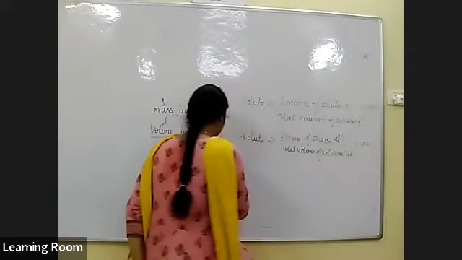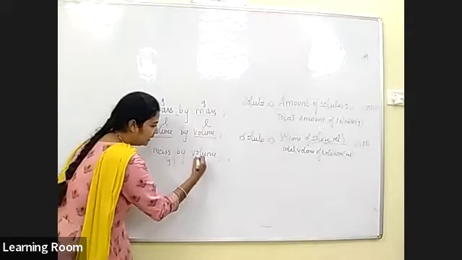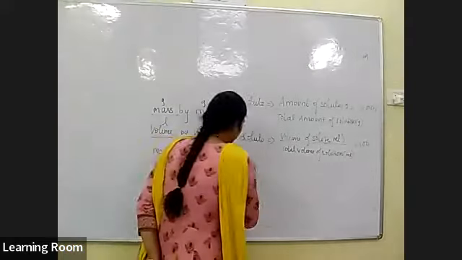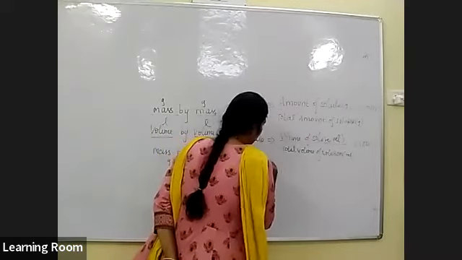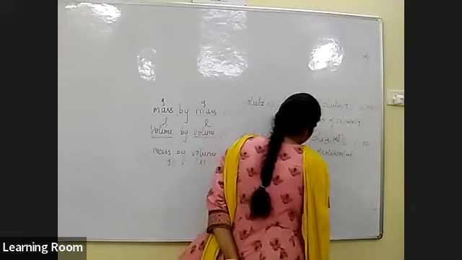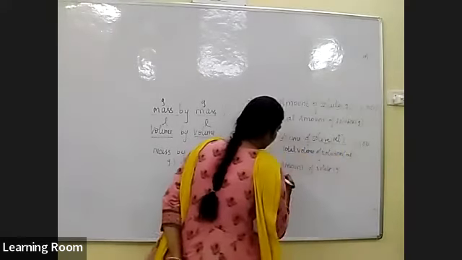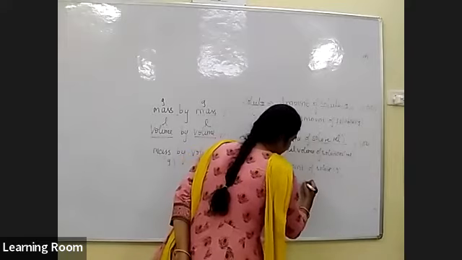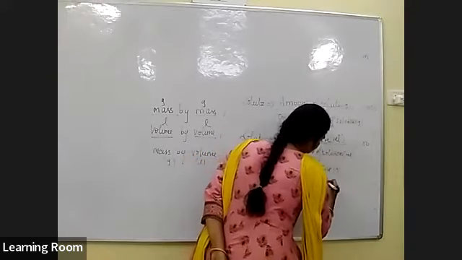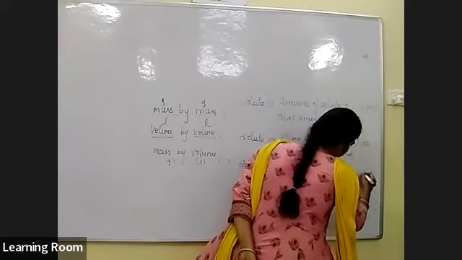The third one is mass by volume, which means grams and liters. Taking the solute, it will be the amount of solute in grams divided by total volume of the solution in liters, into 100.